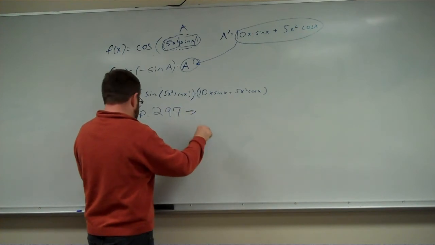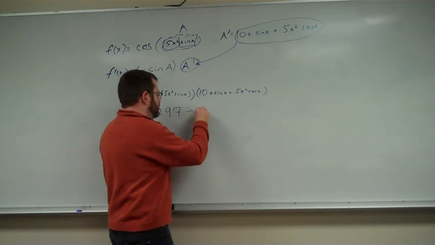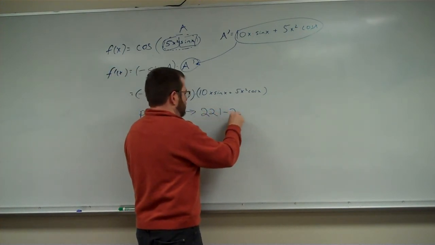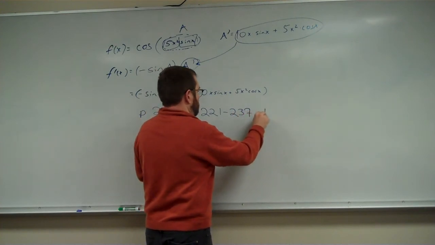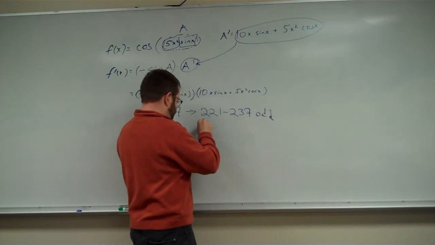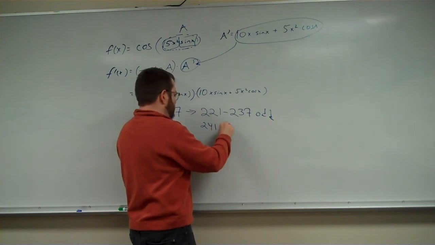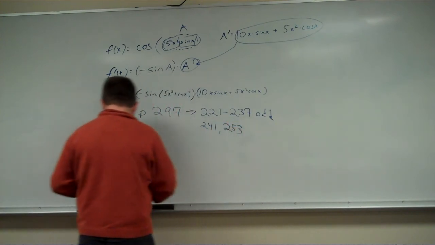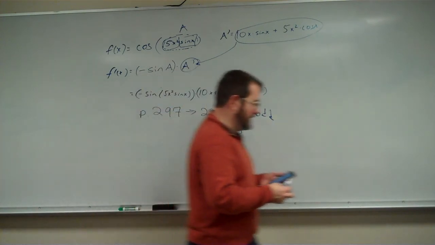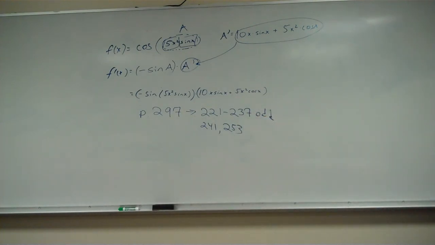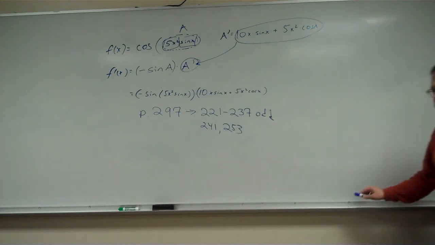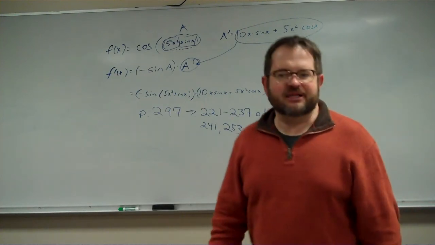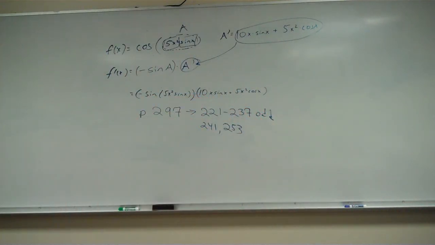They are problems 221 through 237 odd, and also number 241 and number 253. All right. Take on those problems, and I will be glad to entertain any questions. So I'm going to get this started uploading, though, to YouTube.